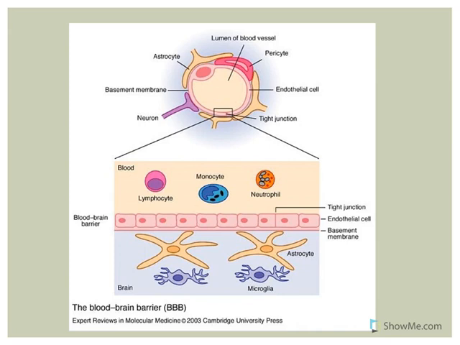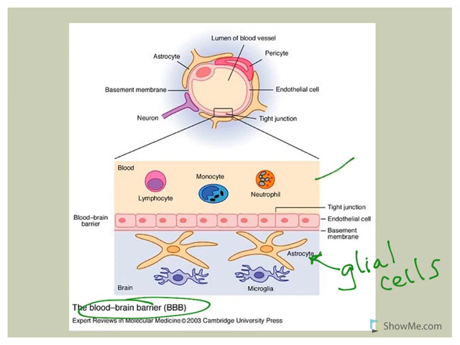A good example of where we have very tight junctions would be up in the brain. We call it the blood-brain barrier, and the endothelial cells that line the blood vessels in the brain have very, very tight junctions. And these cells here, which are glial cells, which we'll talk about this semester, one of their functions is to secrete factors that help to maintain those tight junctions, so it maintains the blood-brain barrier.